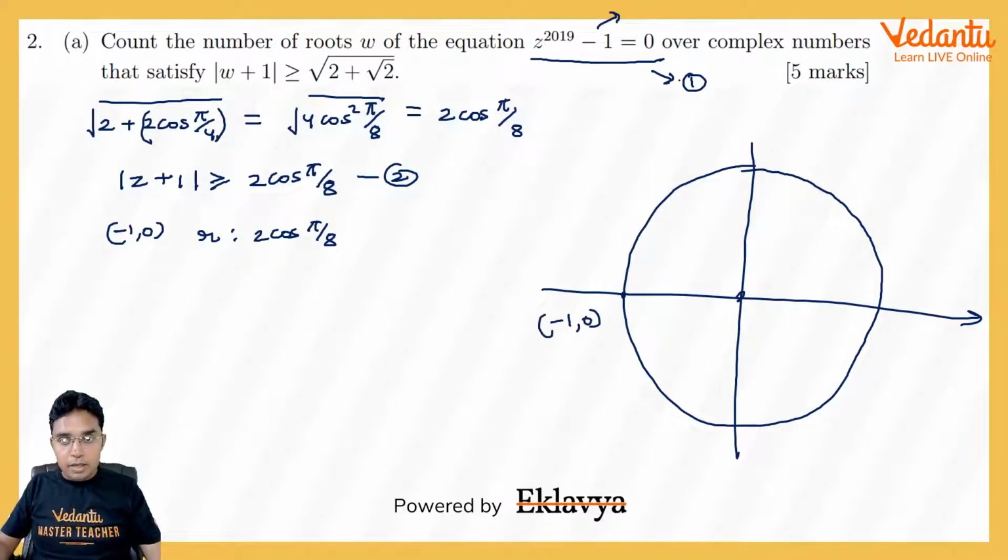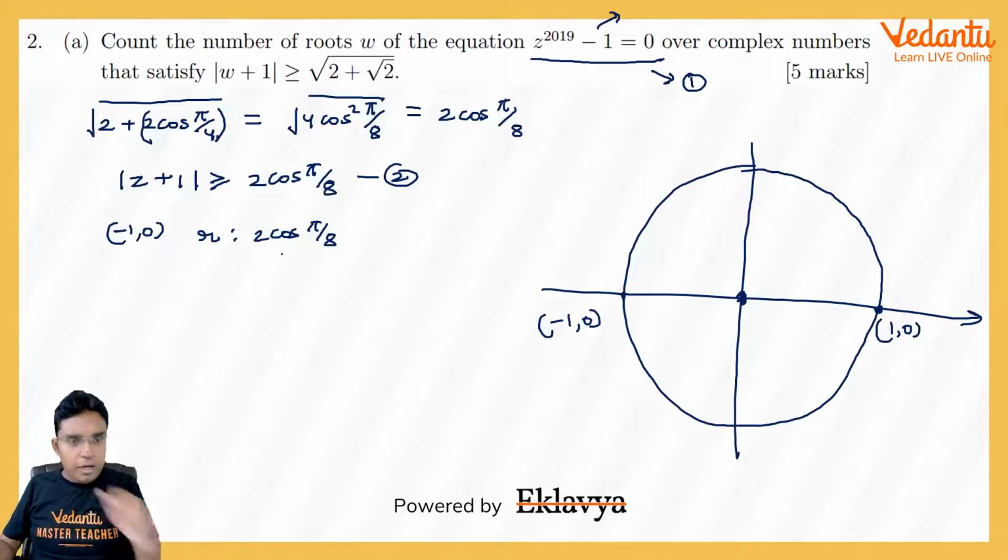Here this equation 1 is represented by a circle whose center is at 0 comma 0 and radius is 1. And also the first root will be at 1 comma 0 and other roots would be lying on this circle, and that will divide the entire circumference into 2019 equal parts. One very standard theory of nth roots of unity.